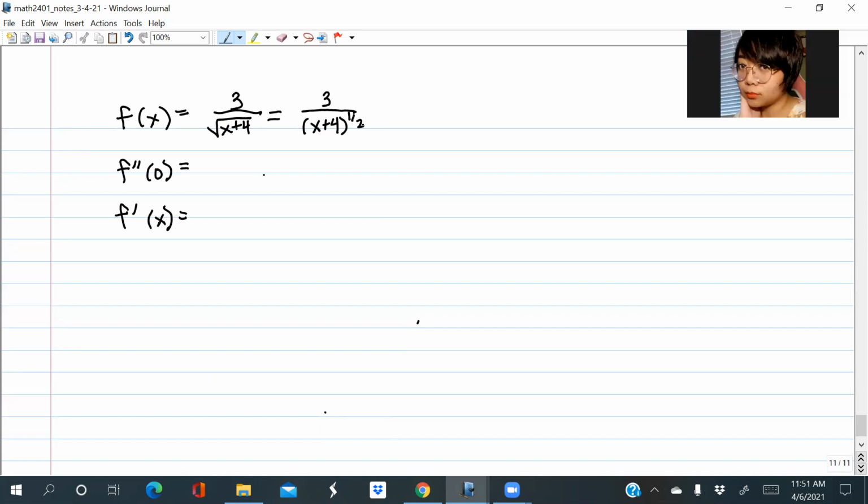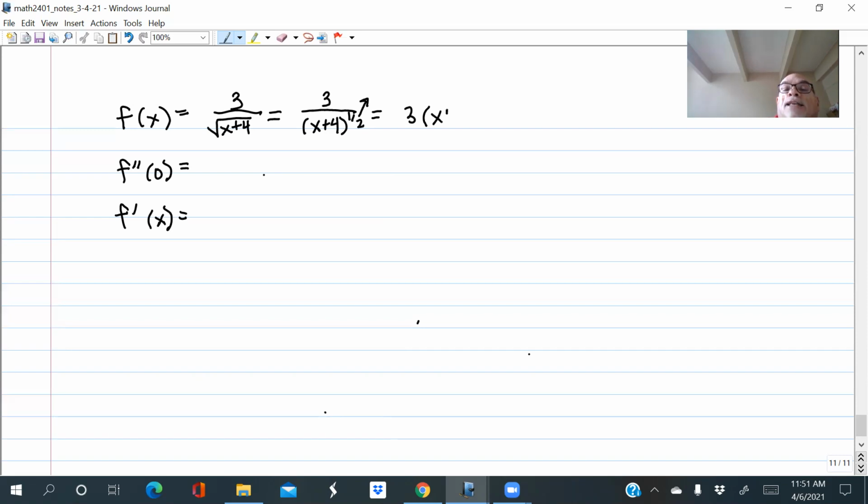So we would always have to do that, because to calculate derivatives with square roots, we just have to convert them to fractional exponents. But you can also now take this 1/2 power out of the denominator, so you can pull that up so that you don't have a quotient anymore, you don't have a fraction anymore. And the way you do that is by, of course, changing the sign of the exponent.